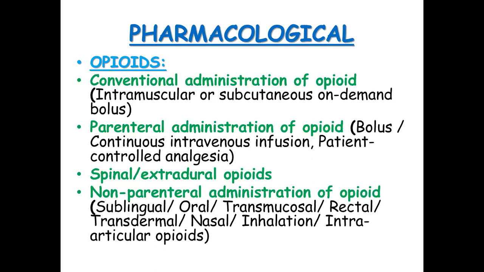In continuous intravenous infusion, the opioids are given through infusion pumps, and they continuously deliver a very small dose to the patient. While in patient control analgesia, you need a specific device known as the PCA pump, in which a syringe with a certain concentration of opioid is already prepared, and when the patient presses the button on the device, a prefixed amount of the opioid is delivered through the intravenous line.